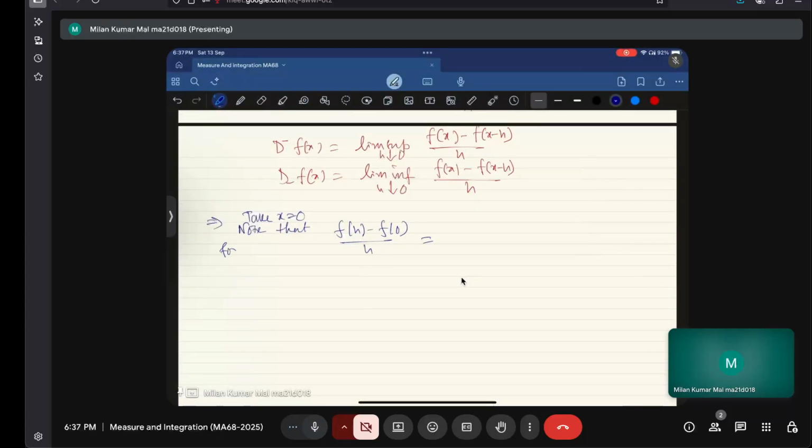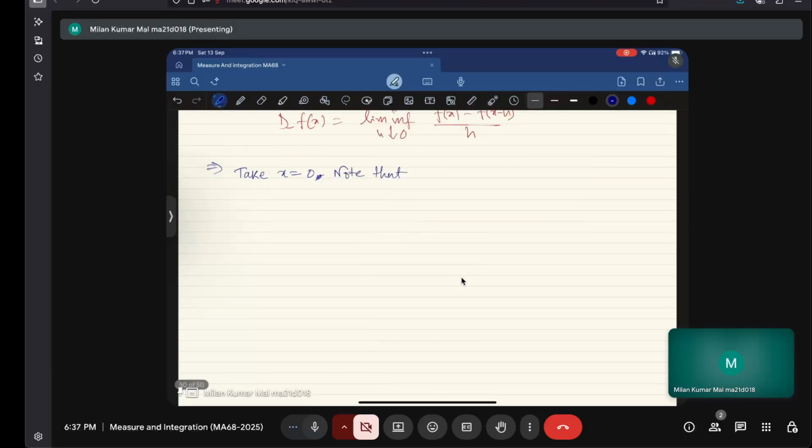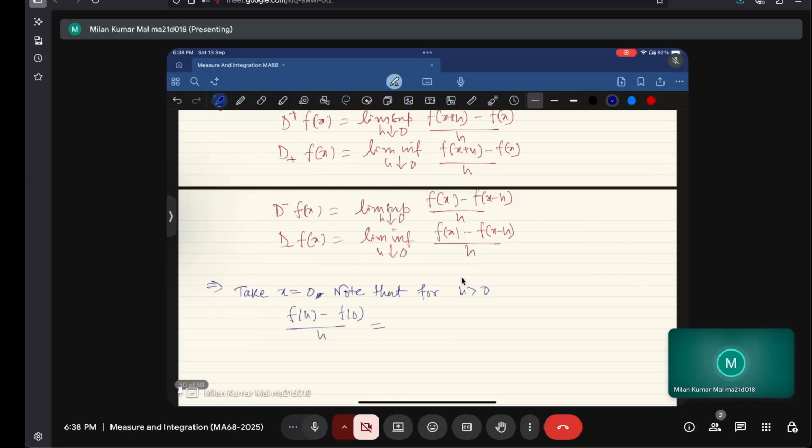Note that for h greater than 0, f of h minus f of 0 by h, h is positive, so we have to use the first description.